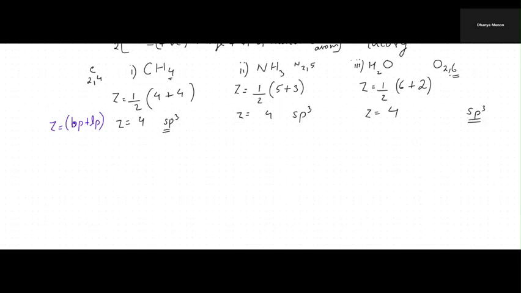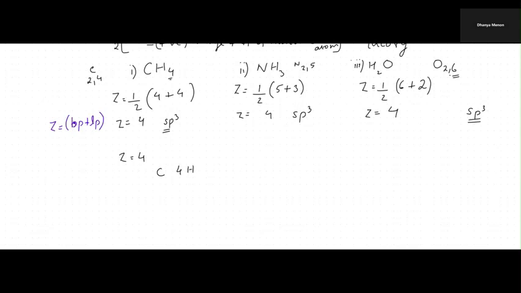Now here, in the first case, methane, Z is equal to 4. It is sp3 hybridization. It is tetrahedral. Now here, the carbon atom is bonded to how many hydrogens? 4 hydrogens, right?